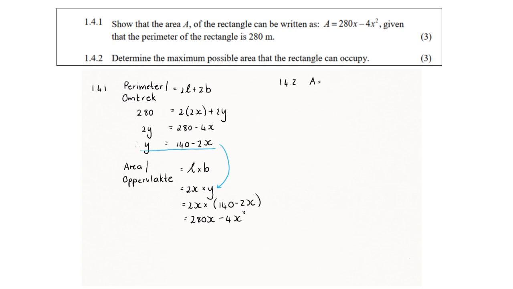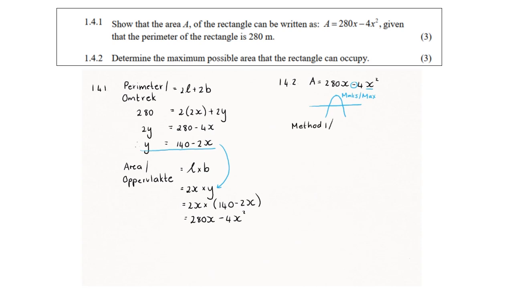The fact that the coefficient of x squared is negative means that the parabola is going to have a maximum value. And if we take this equation and we want to rewrite this in completed square form, we have to do the following.